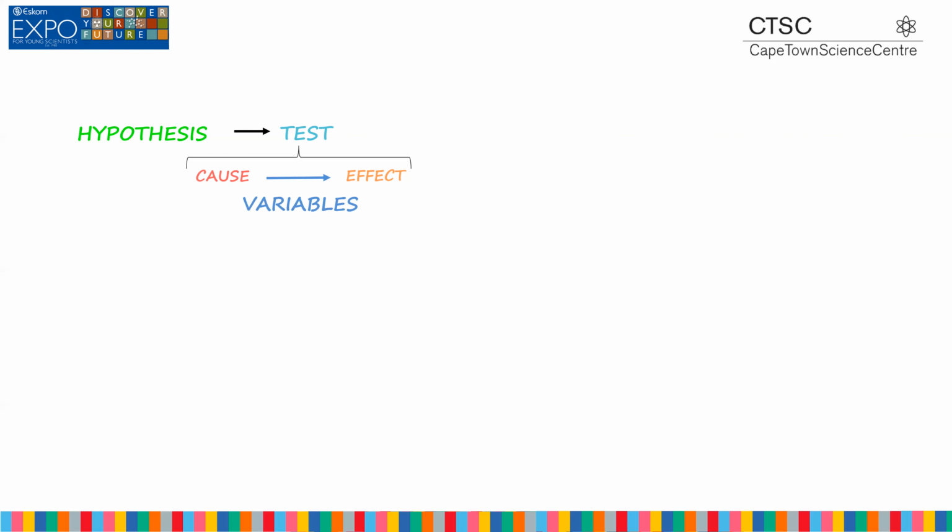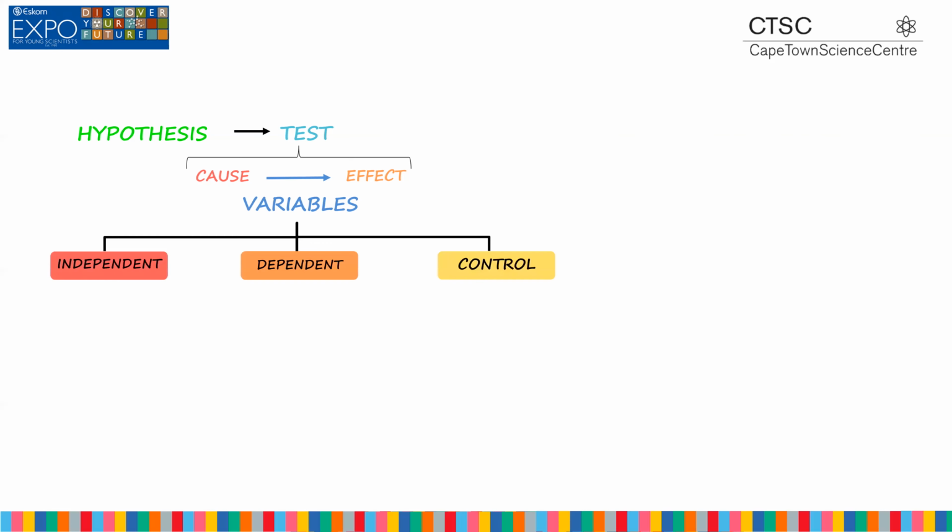Now, to really check that you have a good link between cause and effect, we need variables. And these are our scientific variables. They are the experimental variables. They are the independent, dependent, and control variable. Your independent variable is your cause. It is what we change.